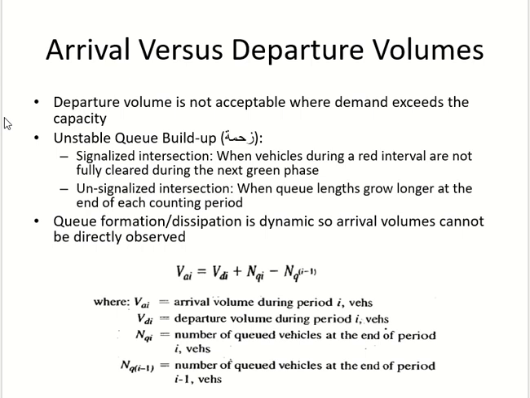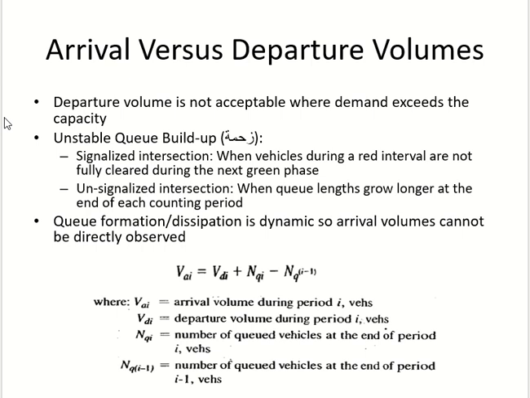Okay? So I want the observation at the start of the queue, but the start of the queue is not a fixed point. So what we will do, we will calculate the number of vehicles arriving through an equation. And this is the equation over here.